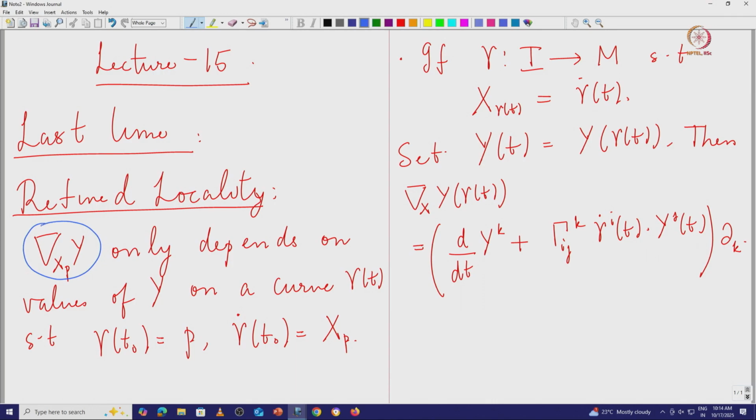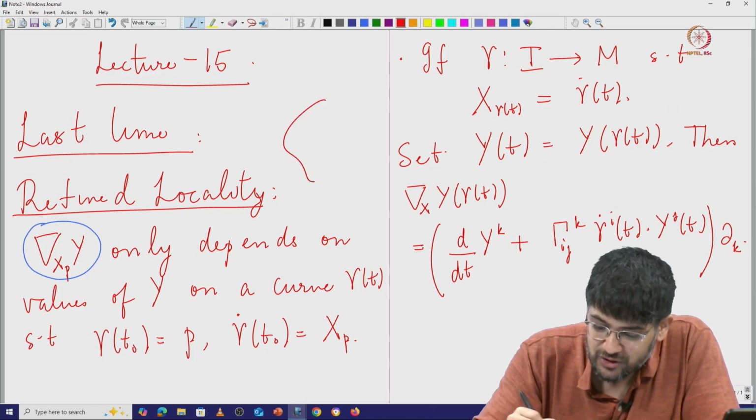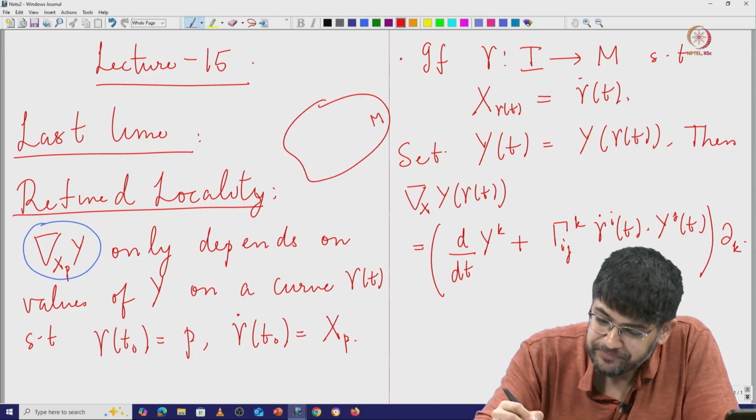So that essentially says the following: if I want to compute the derivative of y with respect to this vector xp, then this actually only depends on the values of y. Let me draw a picture here.